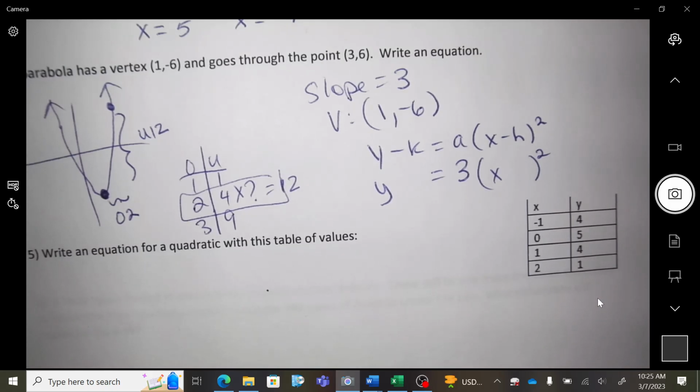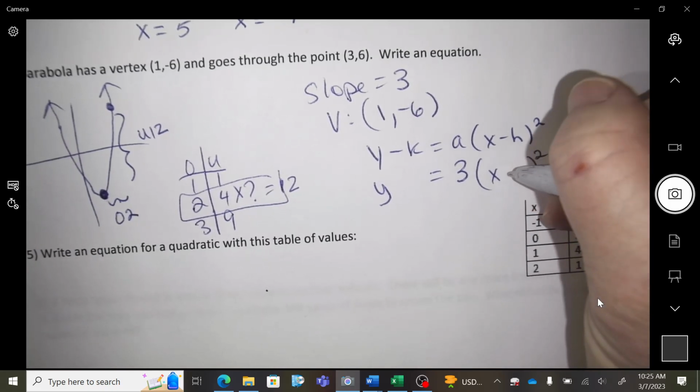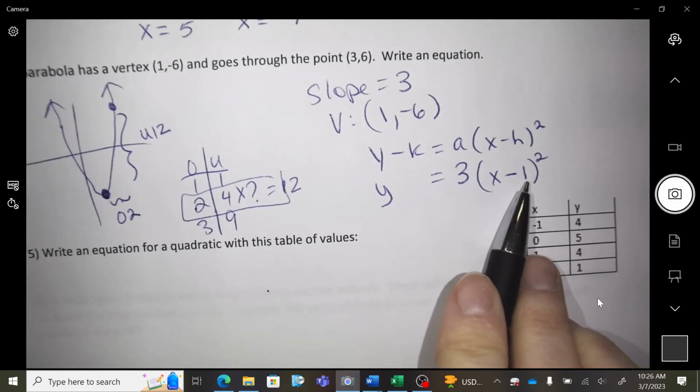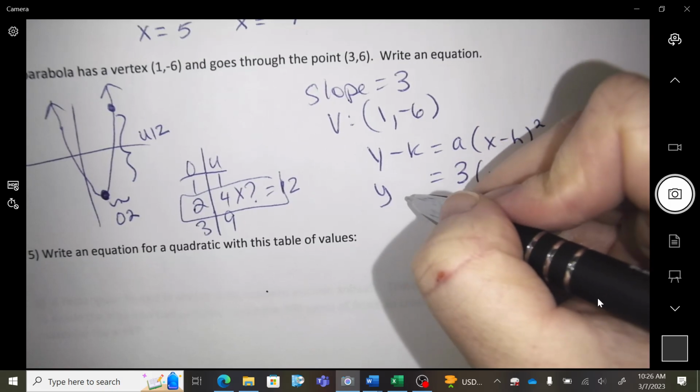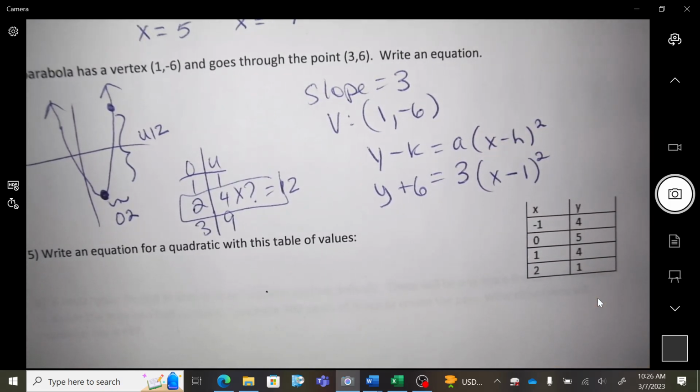And you need to replace the 1s and the 6s into the H and K spots. Should I put them in as opposites or sames? They're both going to go in opposites. So for me, I always start with the X stuff. So this X should be with a -1, opposite. And then the Y value, and then +6, opposites.